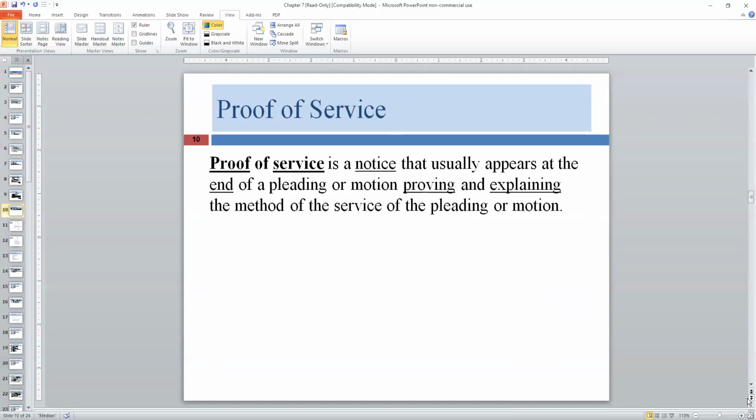It not only demonstrates that it was sent and states the day that it was sent, but it also explains how service was accomplished. Was it mailed? Was it electronically sent? Was it couriered over? Those types of details. It's very important to have this document. It would be a faux pas not to include it, and in fact, very, very likely you'd be embarrassed and it wouldn't put your client in a good position to forget to put something like a certificate of service, which is the more common term for it.